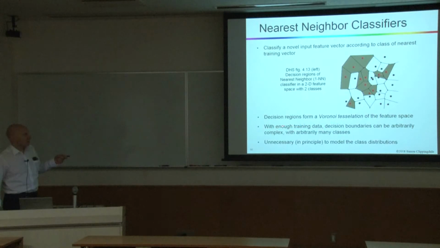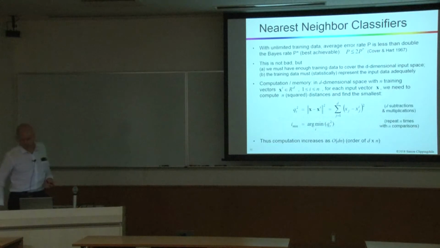The decision boundaries can be arbitrarily complex with arbitrarily many classes. In principle, it's unnecessary to model the class distributions if you have enough data. You can just throw as much data as you've got at this problem.